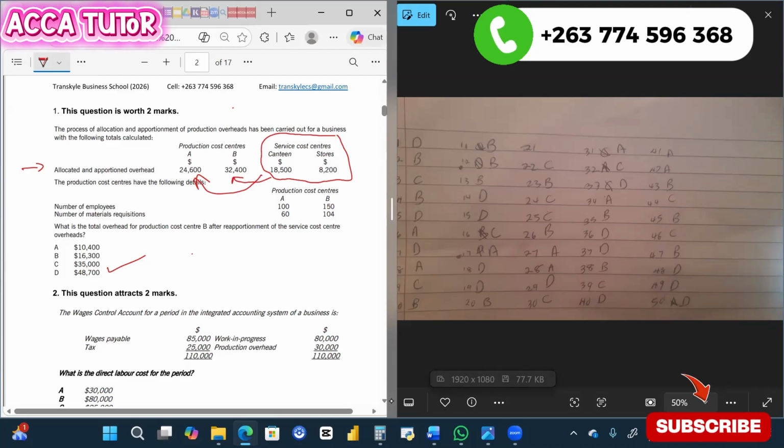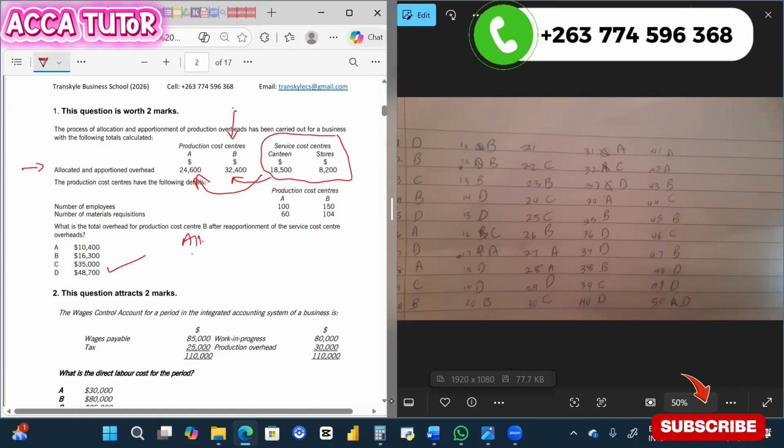So the question wants us to concentrate on center B. How much of the sales cost center costs are going to be apportioned to B? Like I said previously, we first look at how much was cost center B allocated.